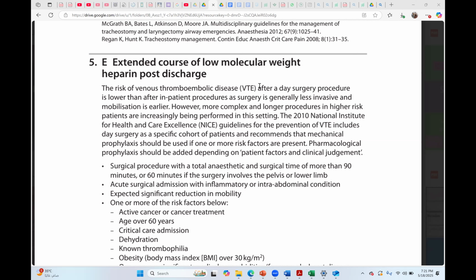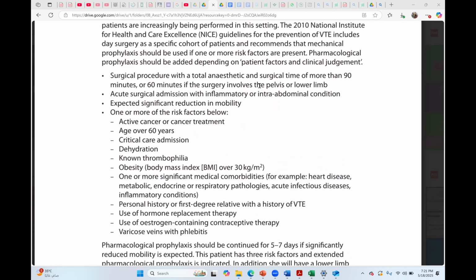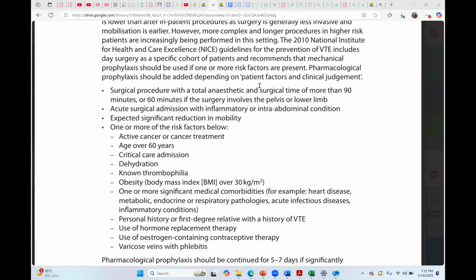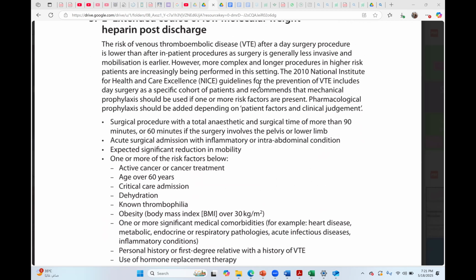So what is the mechanism of action of tranexamic acid? Yes, sir. Basically, it is an antifibrinolytic and blocks plasmin from converting into plasminogen. That is why fibrin strands remain longer than usual.